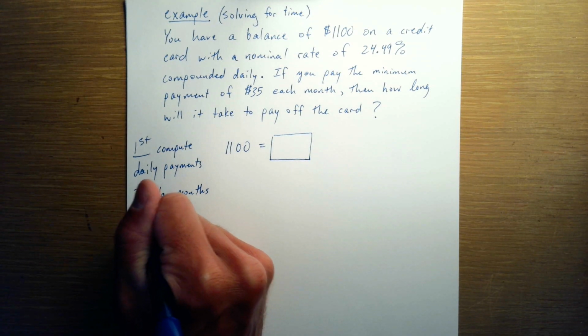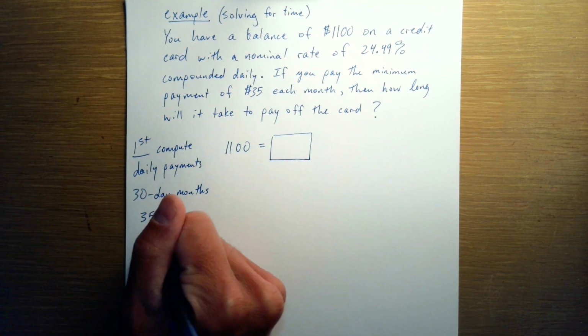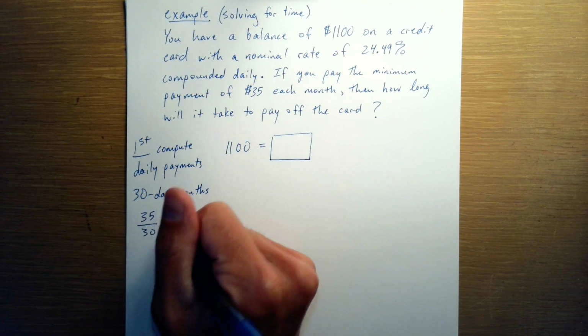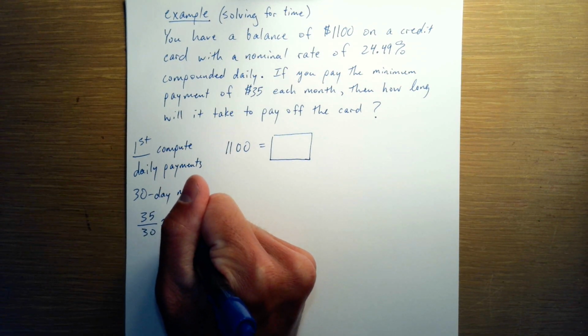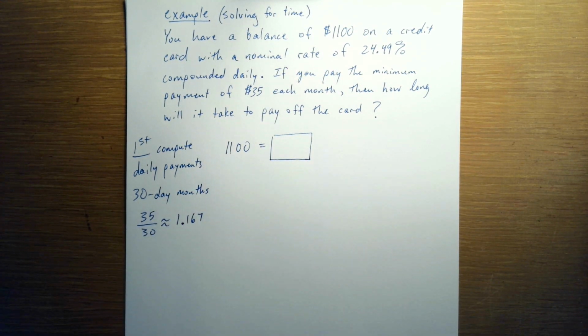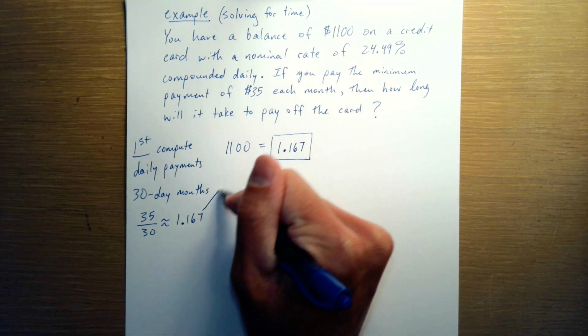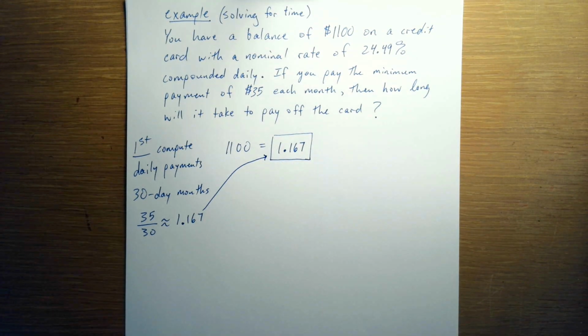So if we pay $35 per month and a month has 30 days, then I'll take the $35 and divide it into each of the 30 days, and I get roughly $1.167 per day. So I put 1.167 here. Again, that's our daily payment. We pay $1 and roughly 17 cents per day.